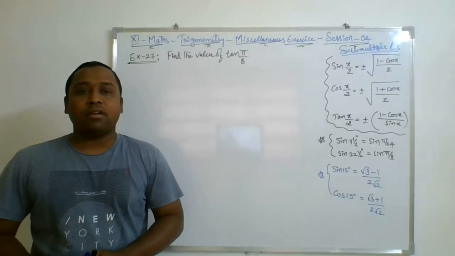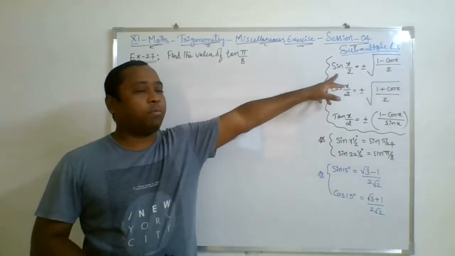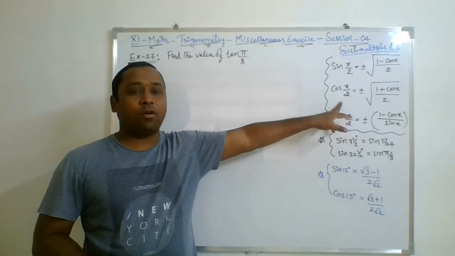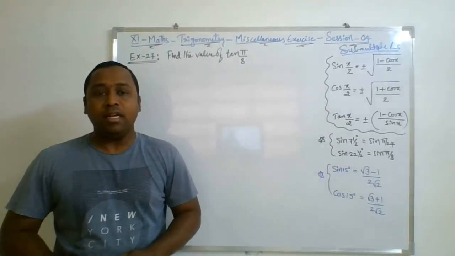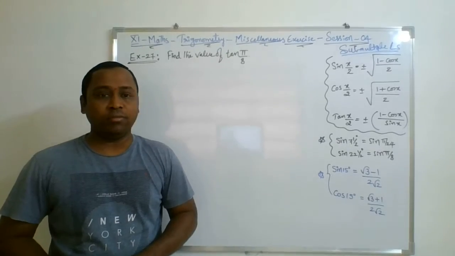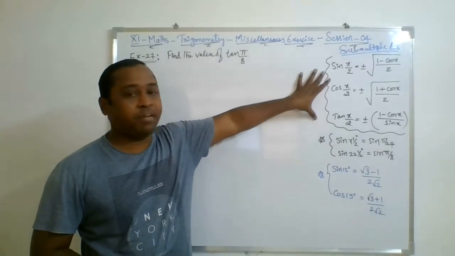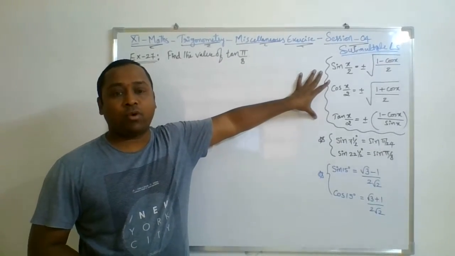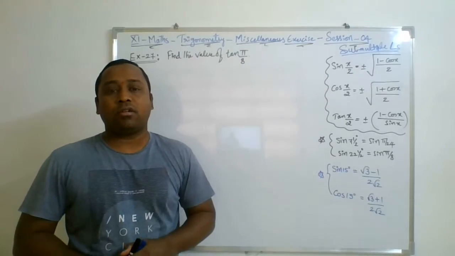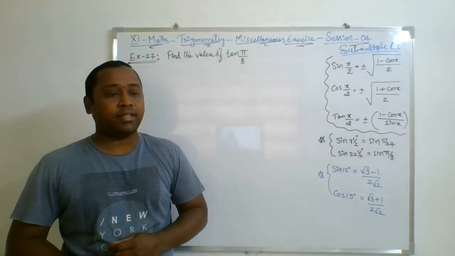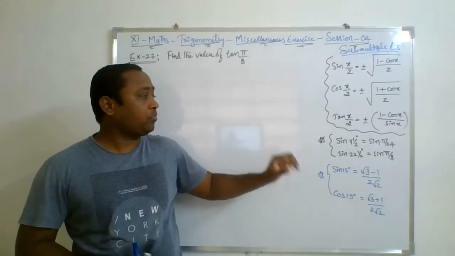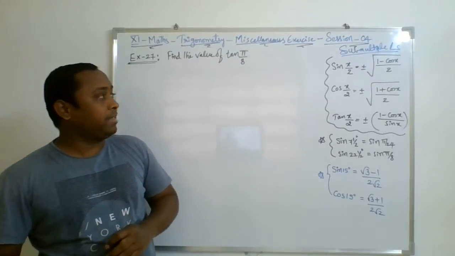Submultiple means sin x by 2, cos x by 2 and tan x by 2 formulas, which we have already discussed in the last session. With the help of submultiple formulas, we are first going to understand two important sums from the miscellaneous exercise.